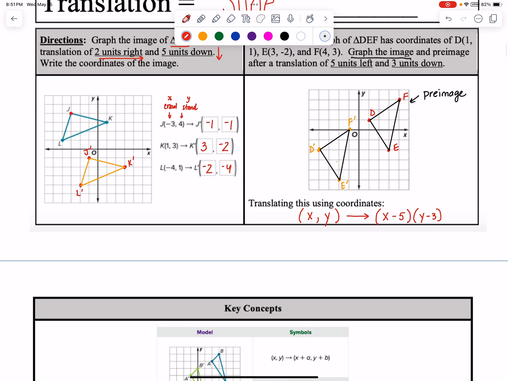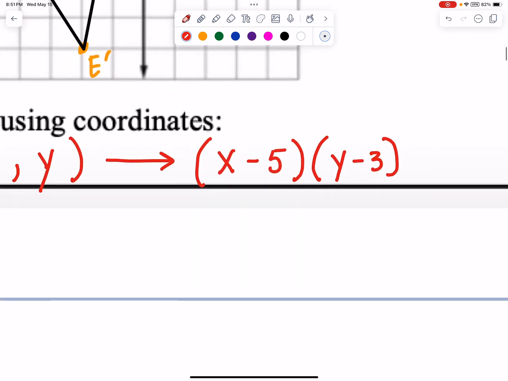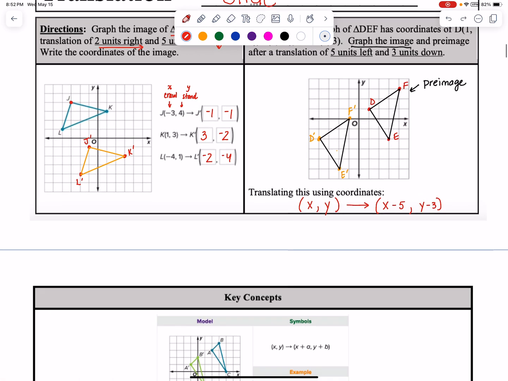The only thing we need to adjust is instead of putting the parentheses here, we're going to go ahead and put a comma. And so this whole thing is one ordered pair. So you have X minus 5, comma, Y minus 3.